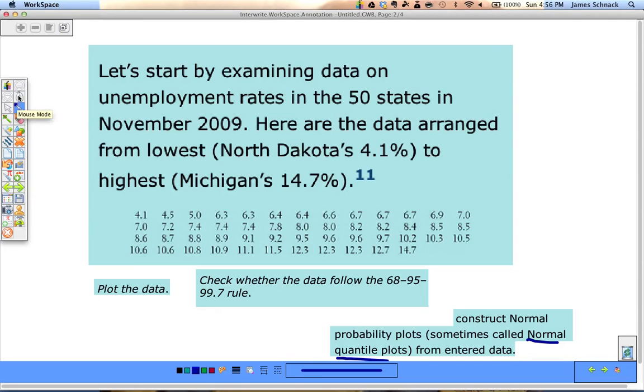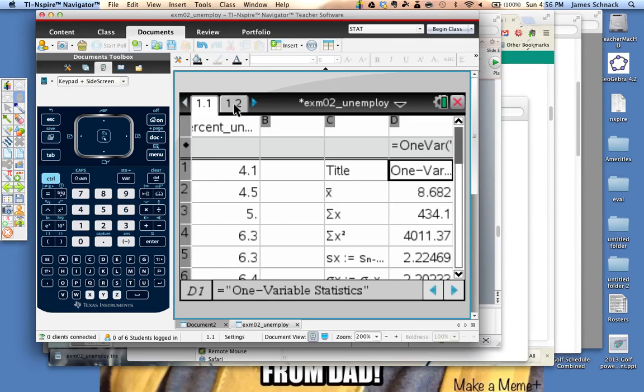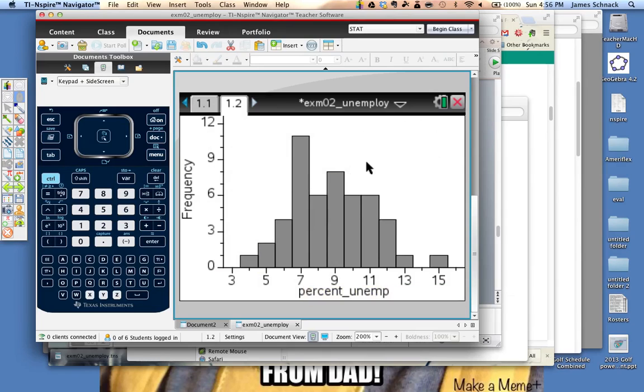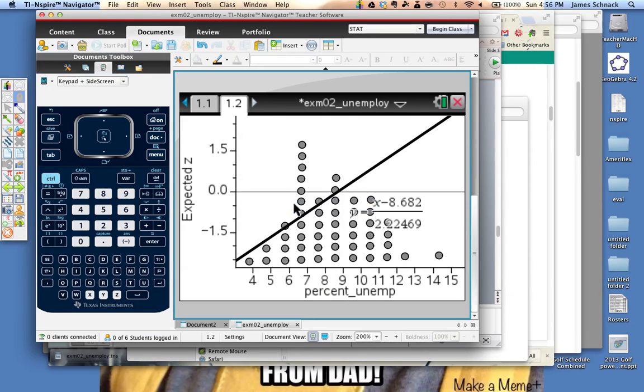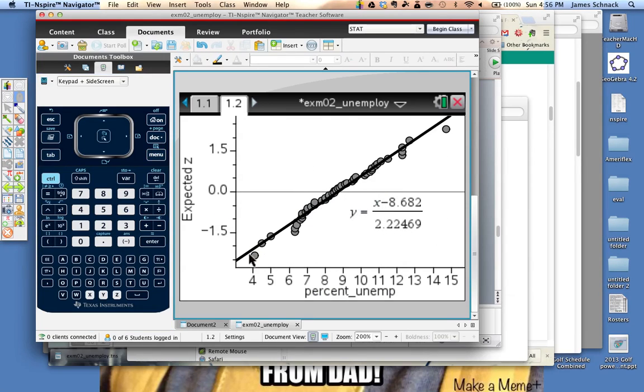I'm going to go back to my calculator. I'm going to go back to my graph, and while I'm in the middle of the graph here, I'm going to hit Control, Menu, Normal Probability Plot. And we can see here that although a few points aren't very close to the line, the vast majority of them are very, very linear in nature.